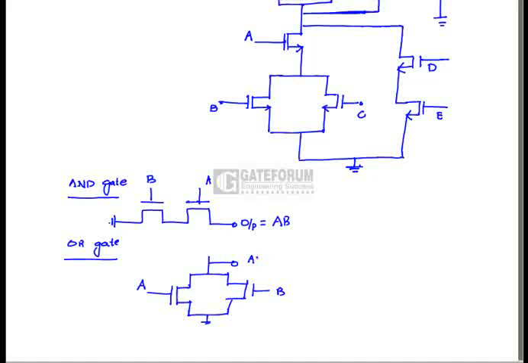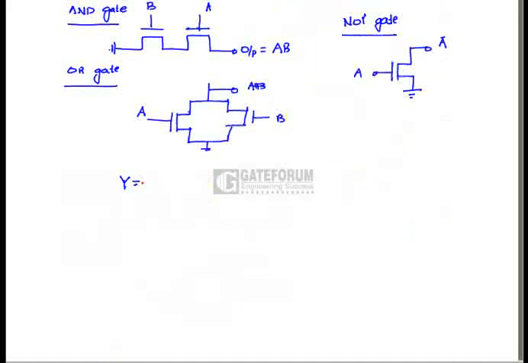Then the expression at the output of the parallelly connected NMOS transistors equals A plus B. For a NOT gate, the output equals the complement of the input. Using these building blocks, we have to derive the expression for the output Y, which is given as follows.